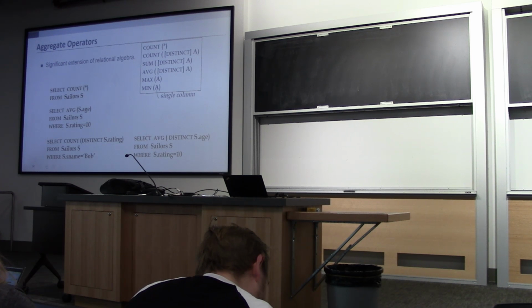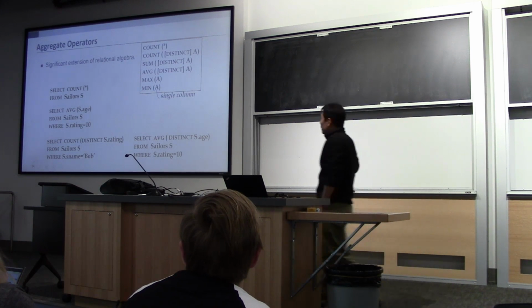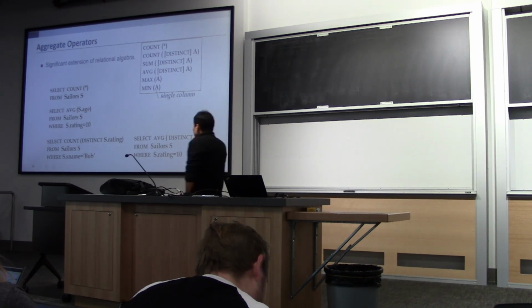In SQL, those folks who designed SQL decided to introduce aggregation because this really is a useful concept, right? So here are some very simple examples: count, sum, average, max, and min. It looks pretty straightforward.